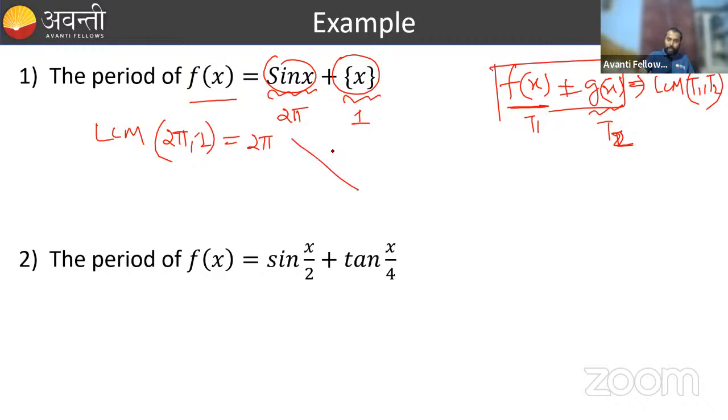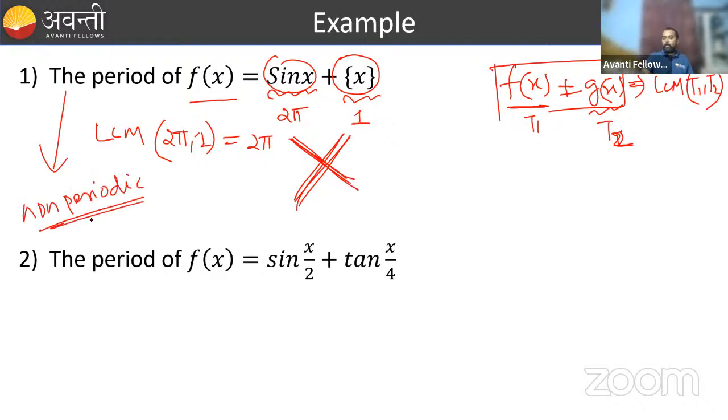It's wrong, guys. It's wrong. It is not a periodic function. It is a non-periodic function. Why? Because the period of sin x is 2 pi and the period of the fractional part of x is 1. 2 pi is an irrational number and 1 is a rational number.